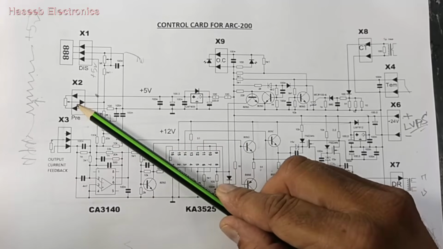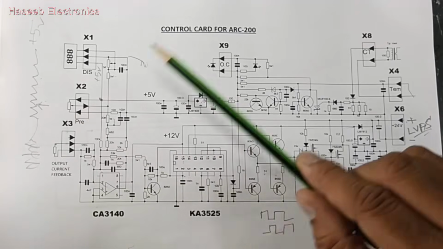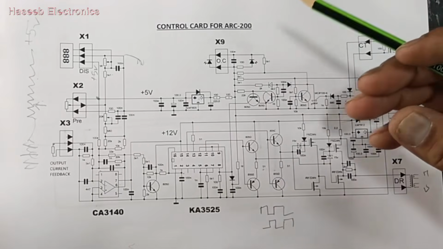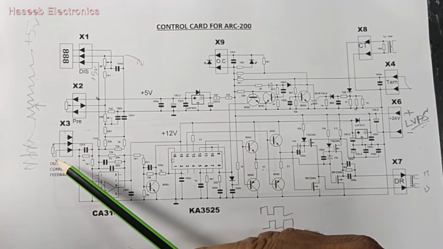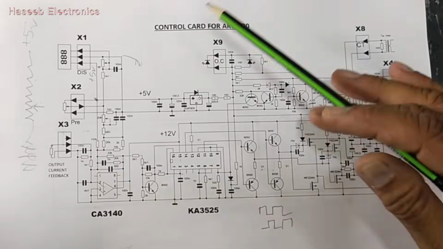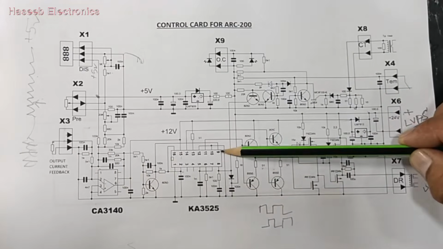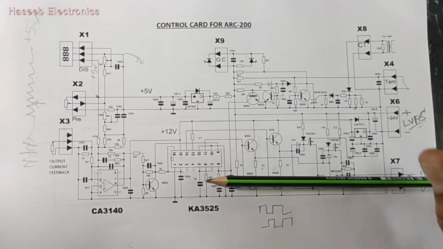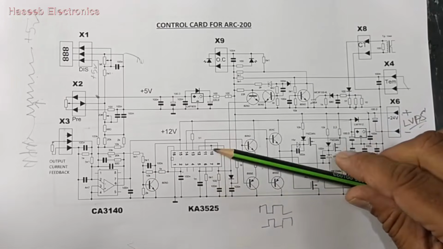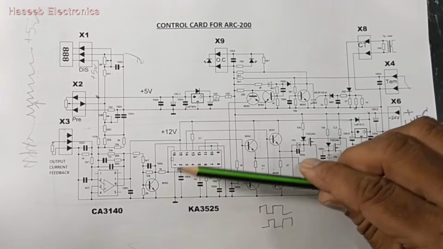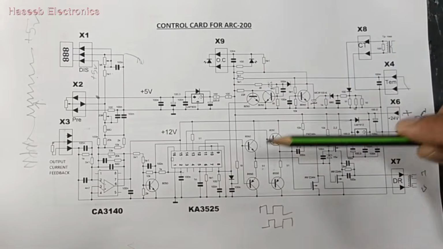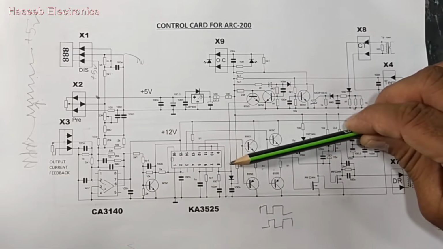For example, we set 200 ampere and the job tries to draw more than 100 ampere. Anytime the voltage will increase, it will increase its conduction so that the IC will decrease switching and it will limit the switching at our requirement. So this is the procedure. This is the working phenomena of this IC.